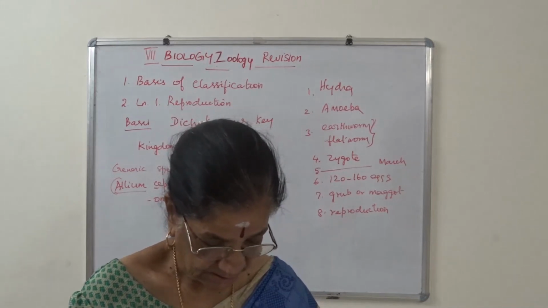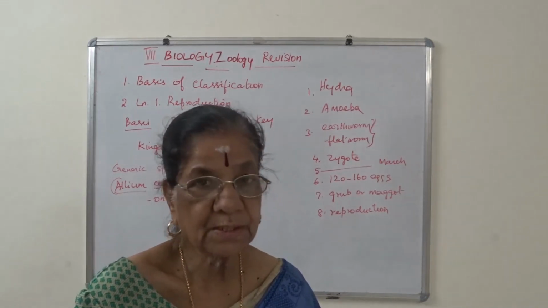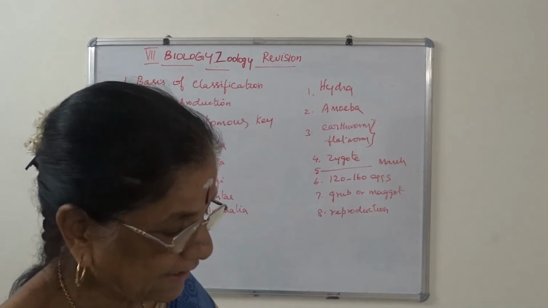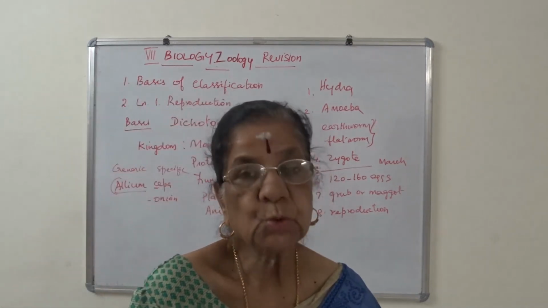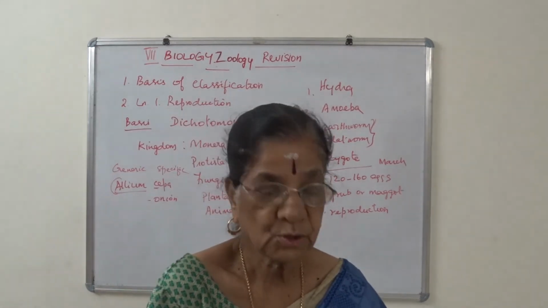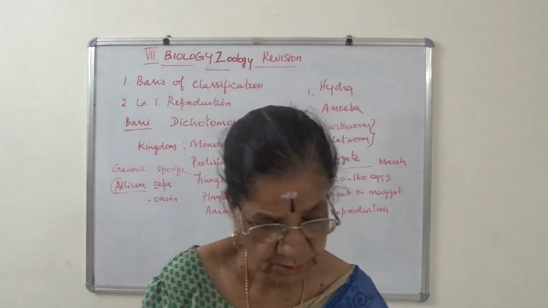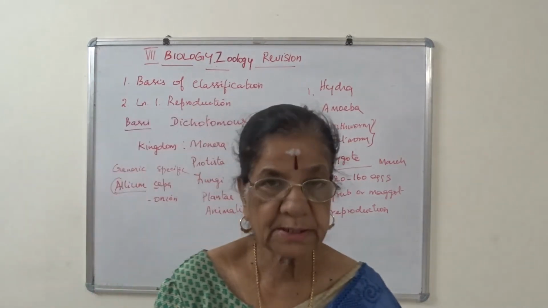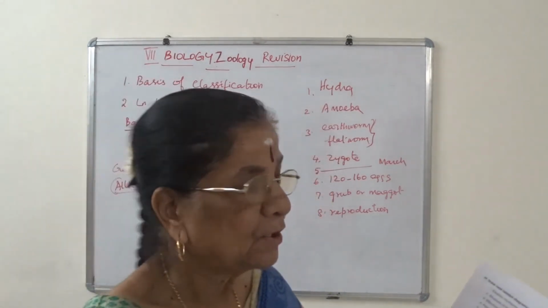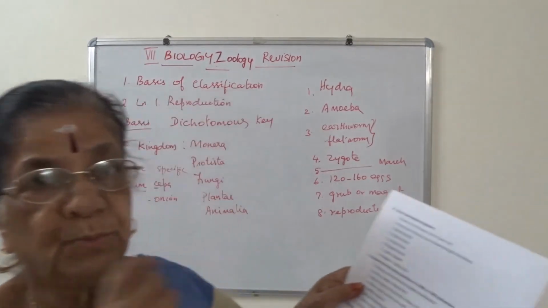Then differentiate cell wall, plasma membrane, as it is given in our heading. With that, the question itself is given. There are only 2 differences. Write what is there. And draw a neat labeled diagram for this. I have already given it in the QB PDF.